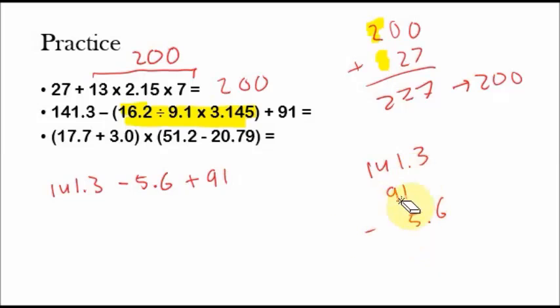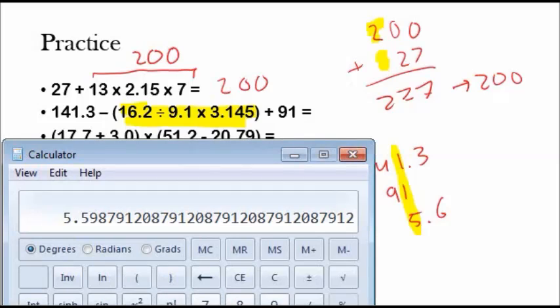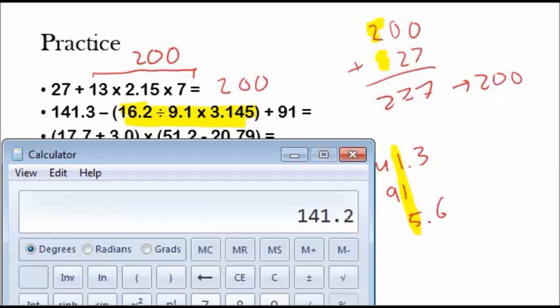Okay, so basically we know that the last place value that our numbers have in common is the ones digit. So let's just type this into our calculator, and then we can just round it there. So 141.3 plus 91 minus 5.6. The answer needs to be rounded to the ones place, so 227 is our answer.